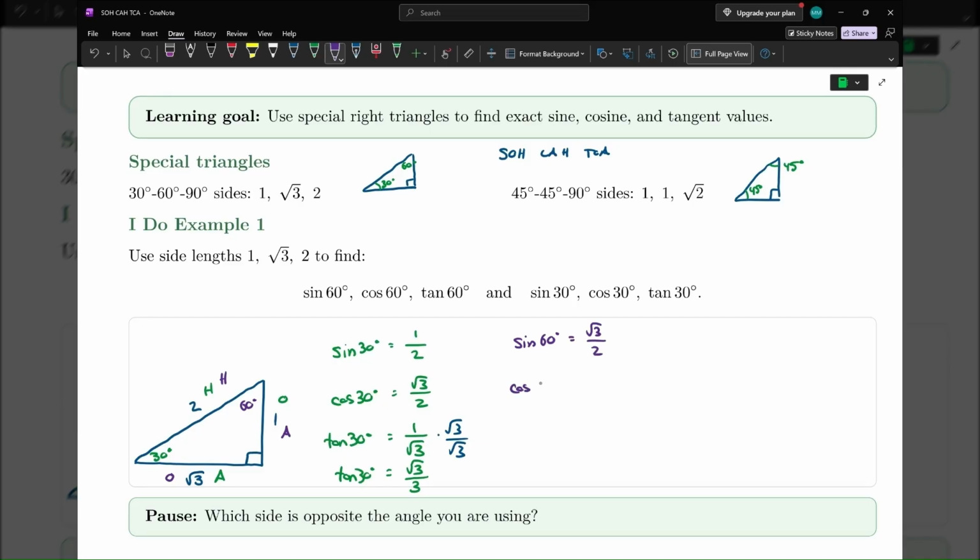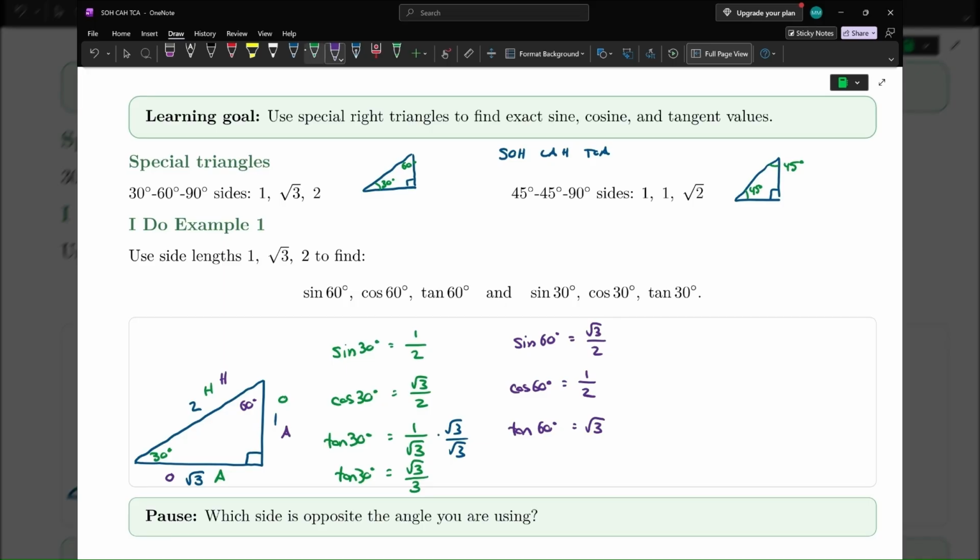Cos 60 is going to be equal to adjacent, which is now 1, over hypotenuse, which is 2. And then finally tan 60, which is going to be, from the 60, the opposite, which is root 3, over the adjacent, which is 1. I almost mixed up my colors there. So root 3 over 1, which is just root 3. So there's your three 60s.